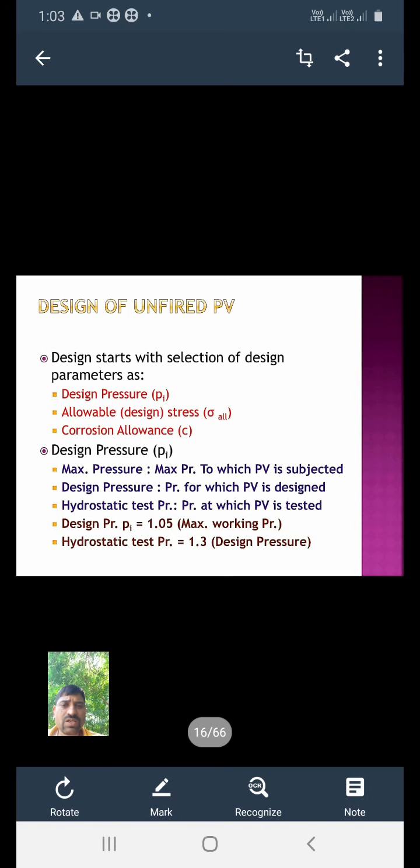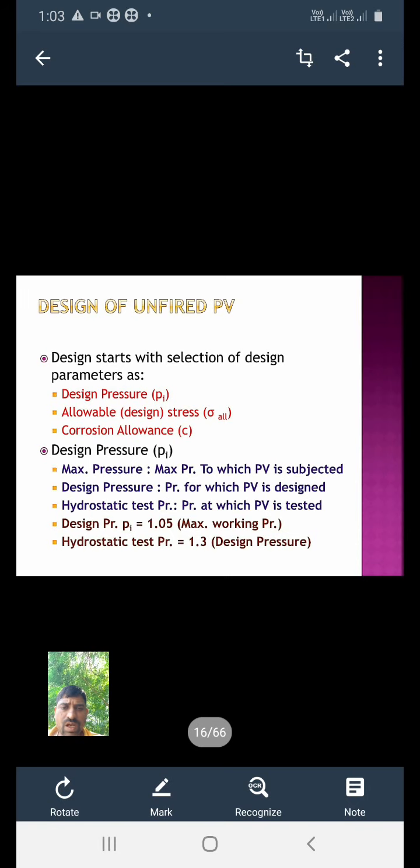Design starts with selection of design parameters. I have written design pressure first, then allowable stress, then corrosion allowance. And in the design pressure, you have to remember the maximum pressure, design pressure, and hydrostatic test pressure.